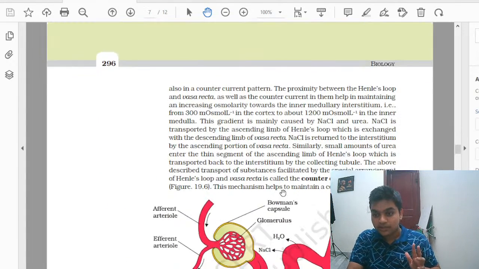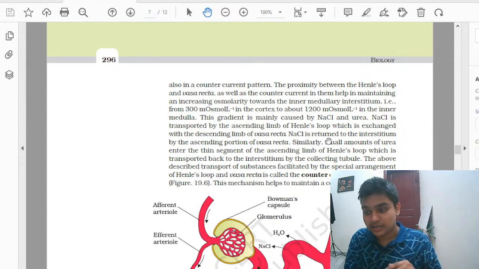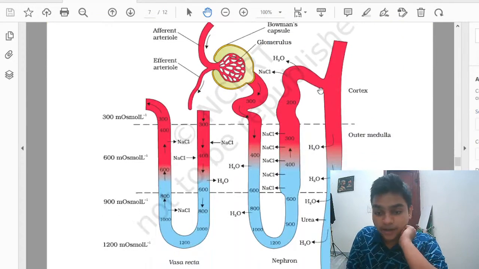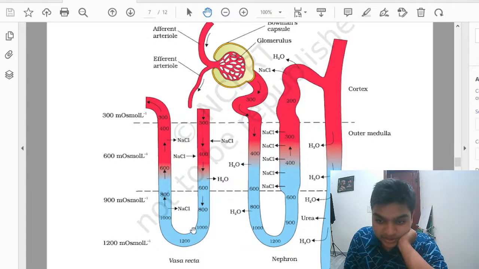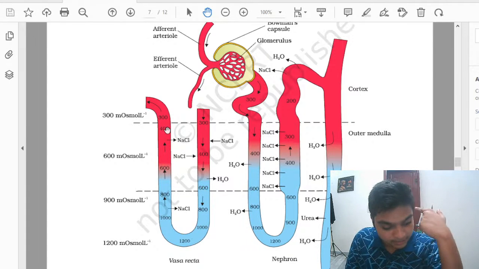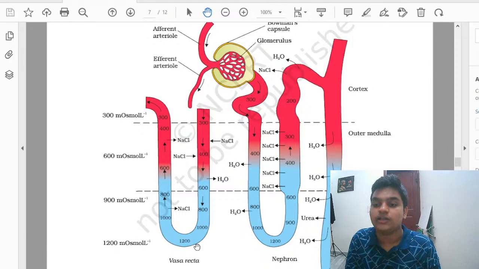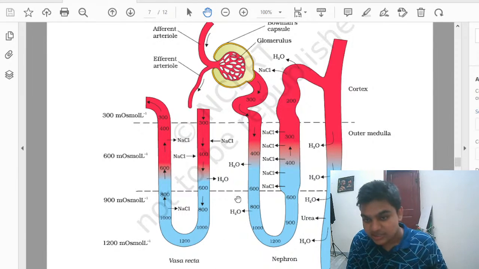Next, in the vasa recta, the NaCl is returned to the interstitium by the ascending portion of vasa recta. When this blood is flowing through the ascending limb, this NaCl is again reabsorbed into the medullary fluid, and from here the same thing happens.